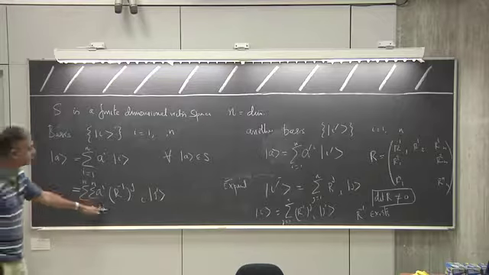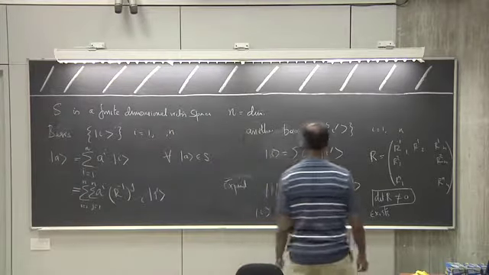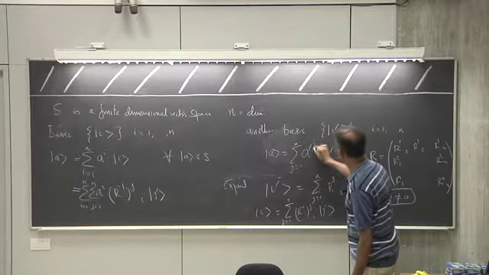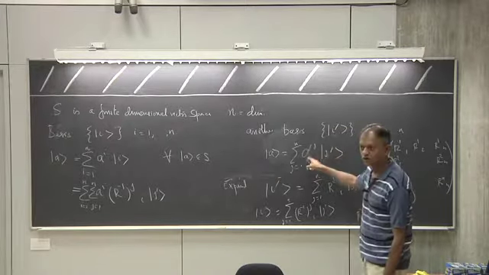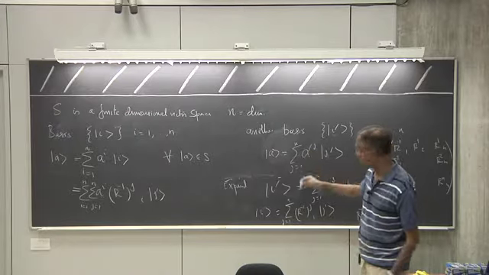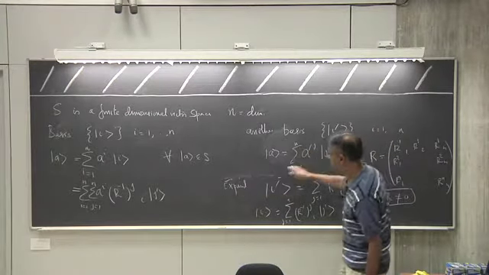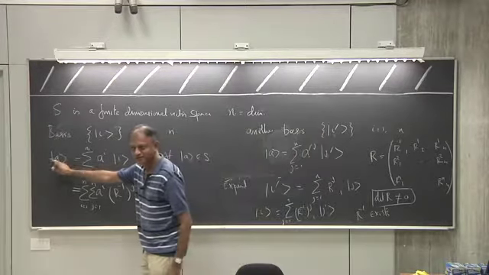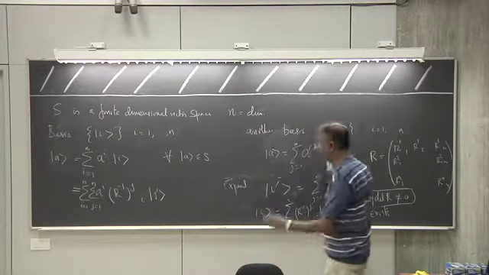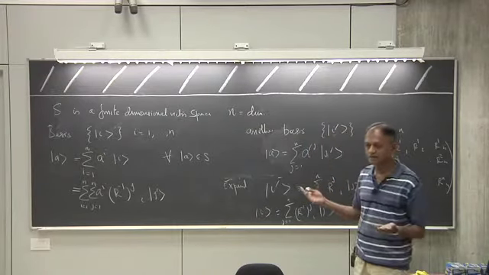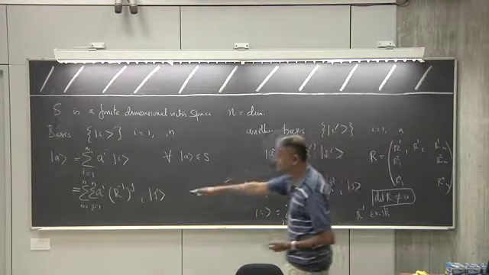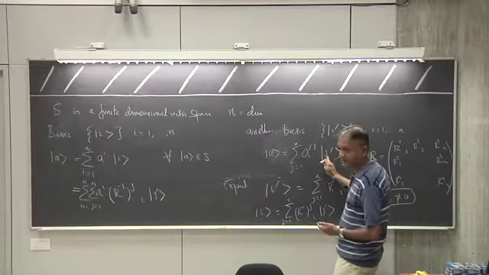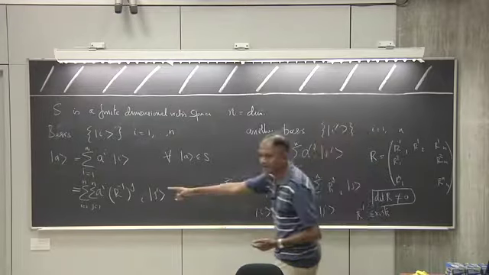Now compare this expression to that expression. Okay? Here's a dummy index, so let me just call it j. I'm summing over j, so I can just use any label. That's just for convenience. So now just compare the two things. These two must be equal because it's the same vector, right? And then use the fact that all these j primes are linearly independent. So the only way this can be equal to that is if the coefficient which appears in front of each j prime should be the same on the two sides.